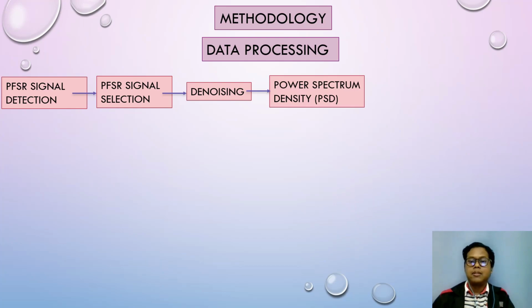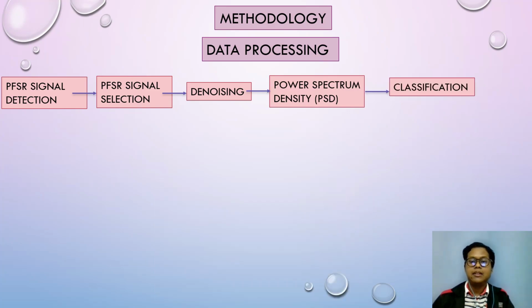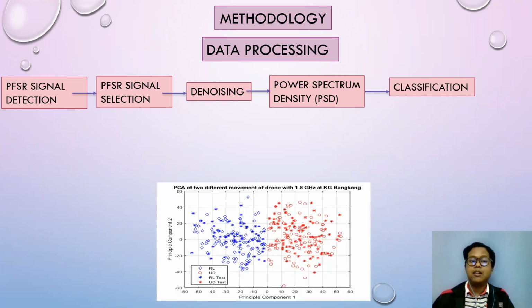Next, power spectrum density (PSD) is the process of conversion from time domain into frequency domain. And lastly, classification is the process where the data of UD and RL is classified into their own cluster by using principal component analysis (PCA).